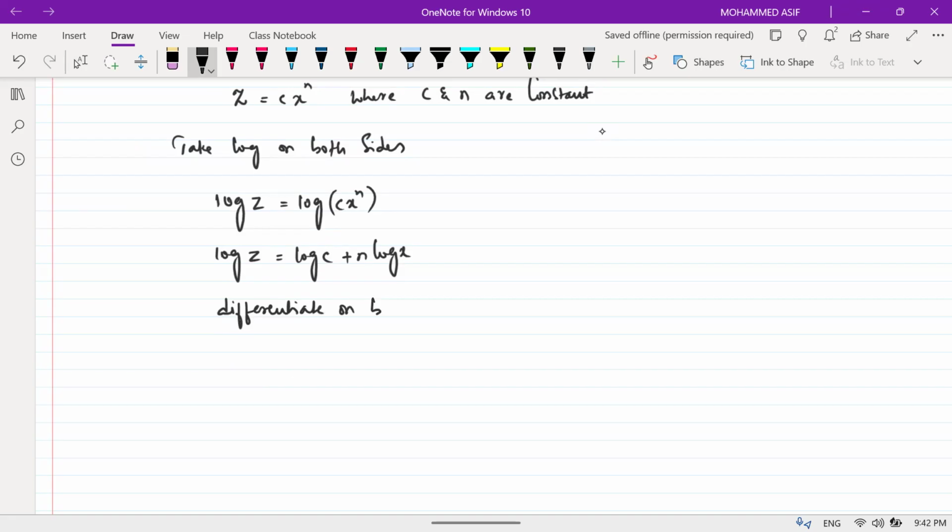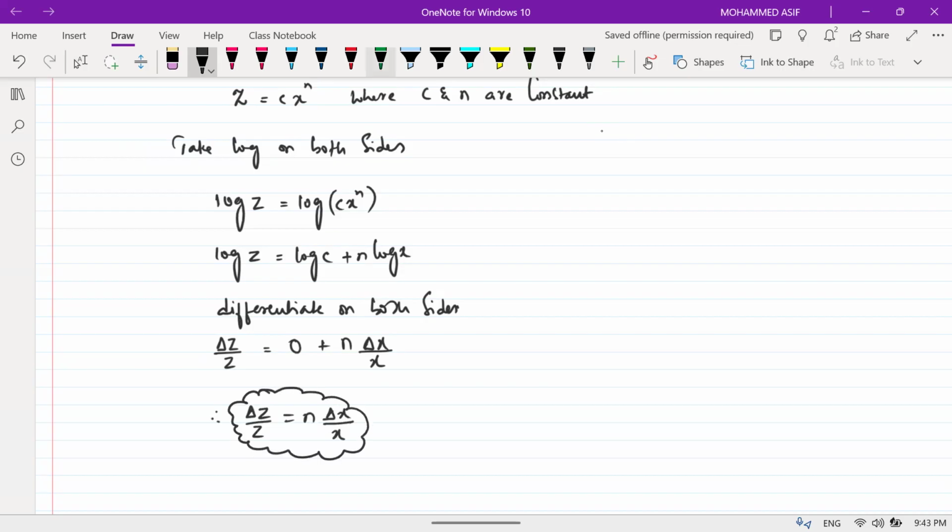Delta z divided by z is equal to, c is a constant, so its differentiation will be 0, plus n into delta x divided by x. So therefore, delta z divided by z is equal to n into delta x divided by x. Am I clear?